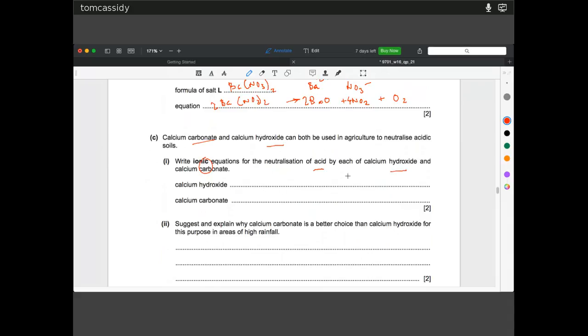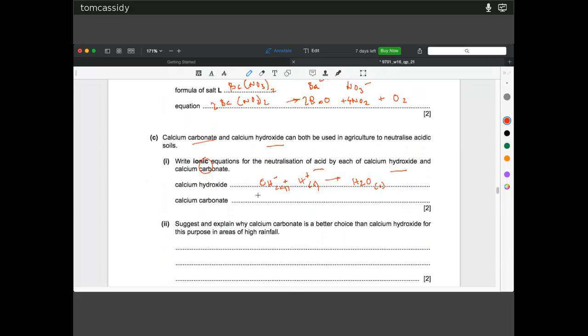Well, for the hydroxide, we just put in the ion of interest, which is the hydroxide ion, and we can have the states again, and we've got the hydrogen ion from the acid, and when hydroxide from calcium hydroxide is neutralizing the hydrogen ion from the acid. Remember, we've just missed out the spectator ions, we're just putting the ions of interest, then those 2 just make water, state symbol as a liquid.